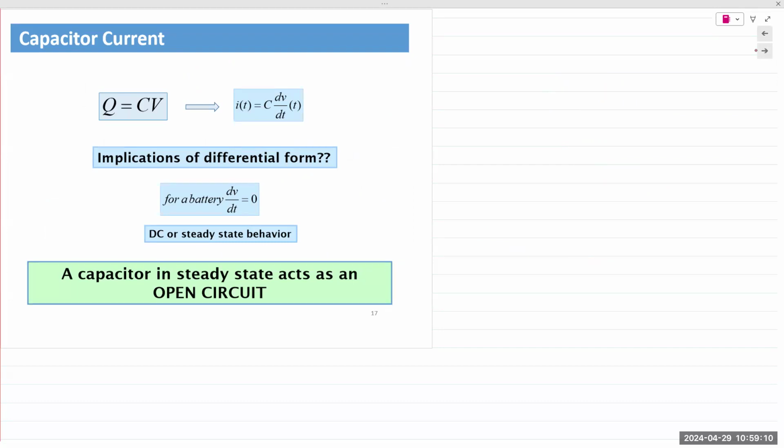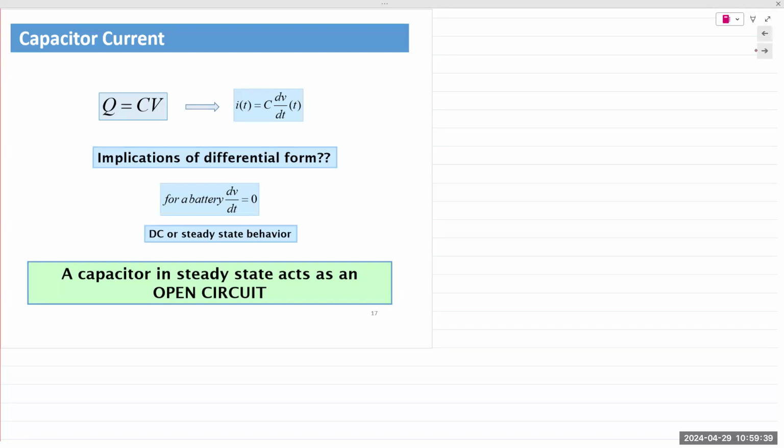The point when VC, capacitor voltage, equals Vs, the electrons stop moving in the circuit, meaning the current reaches a value of 0. So when VC equals Vs, electrons stop flowing through the circuit. When they stop flowing through the circuit, current stops flowing through the circuit. So I reaches 0. Capacitor behaves like an open circuit.